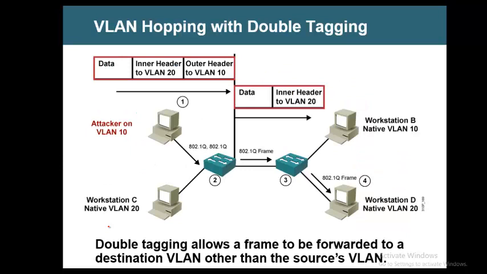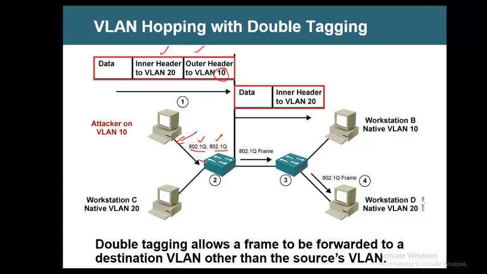See, this is another example. Double tagging. For this also the attacker needs special software. Because the attacker has already negotiated trunk here, he can send tagged traffic, but this time he is doing double tagging. Double dot1q header. One header says this packet wants to go to VLAN 10.